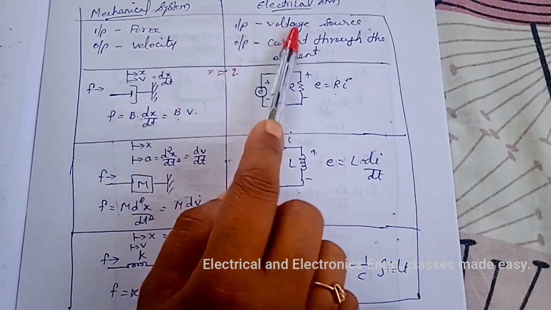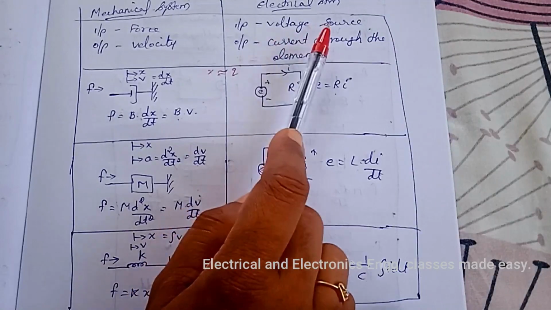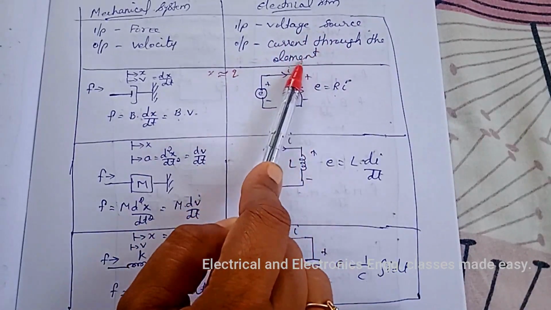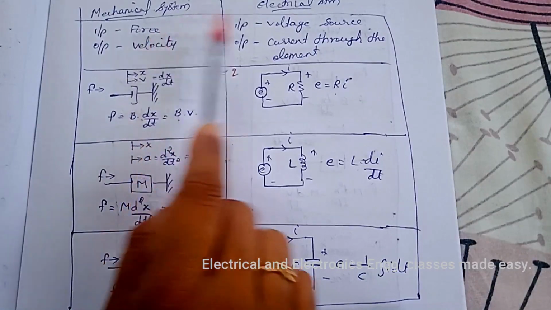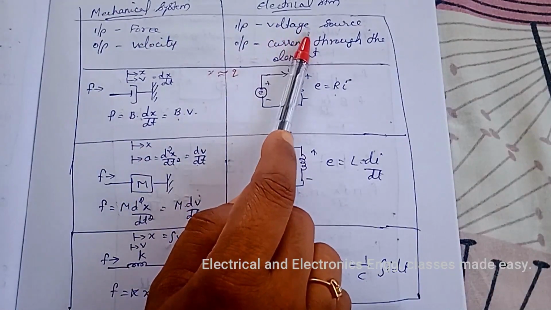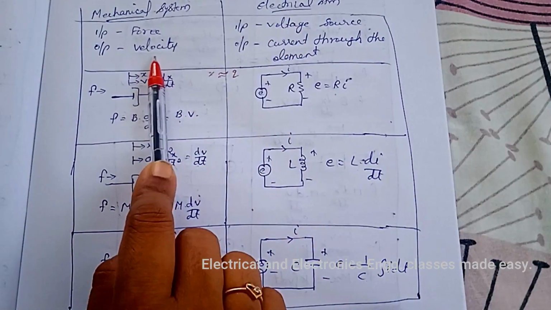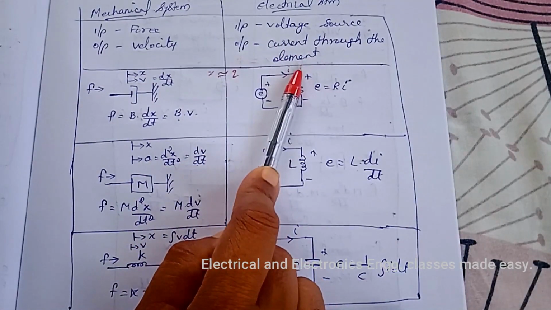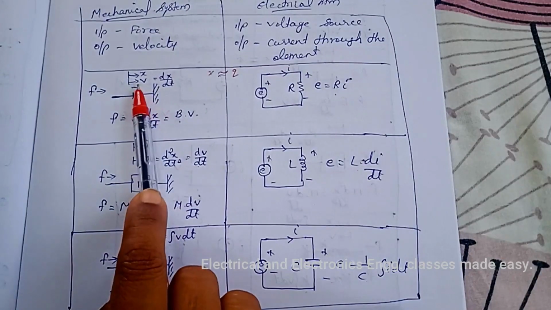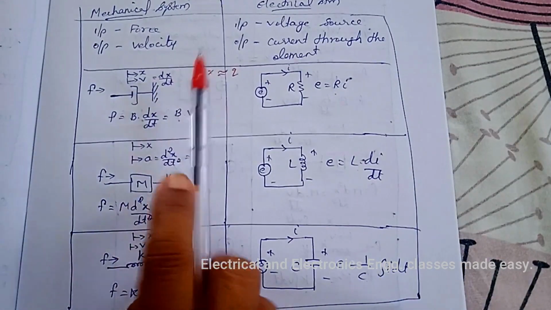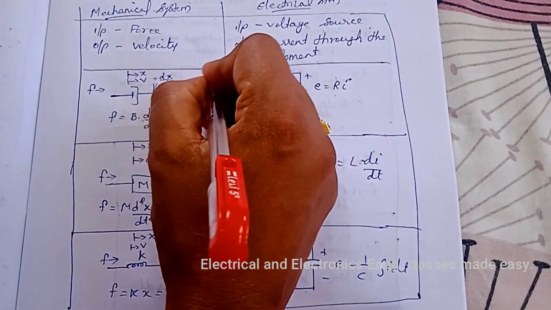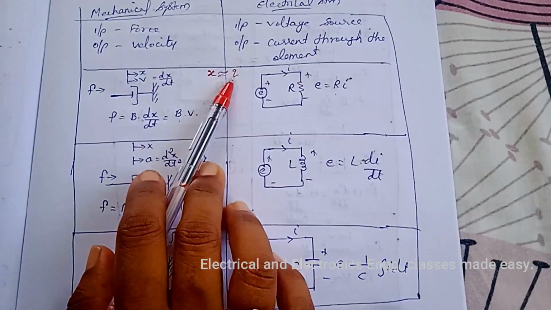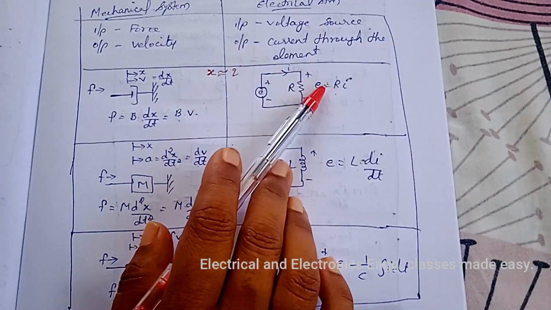So in force voltage analogy input is force voltage source and output is current through the element. So the force is analogous to voltage source and velocity is analogous to current through the element. And here the displacement x is analogous to charge q in electrical system.